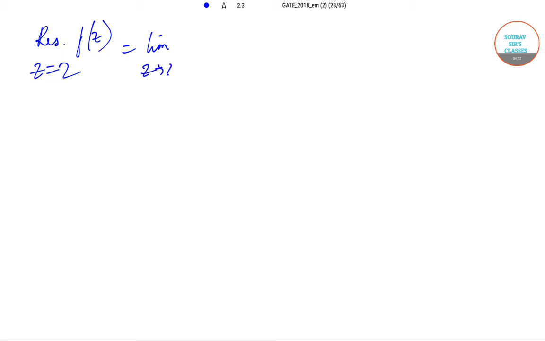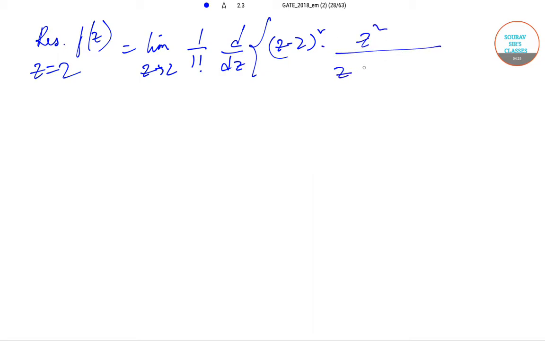z tends to 2 of 1 by 1 factorial d by dz of z minus 2 whole square into z square upon z minus 1 whole square into z minus 2 whole square. This is what we got.